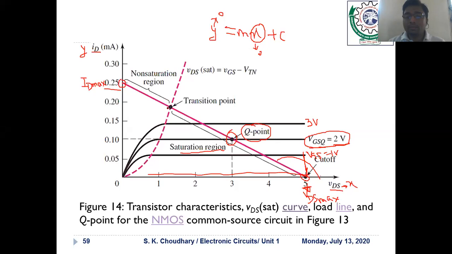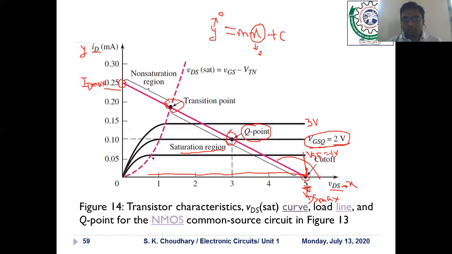Now there is one more concept, called the transition point. How do we define this transition point? If you look at the graph, we know from the previous lecture on MOS transistor operation that when VGS is greater than threshold, the transistor is on.